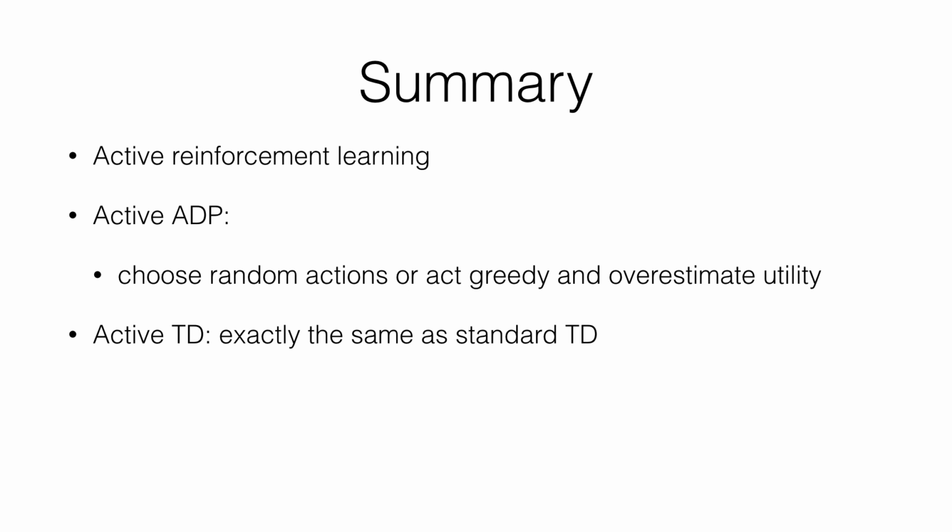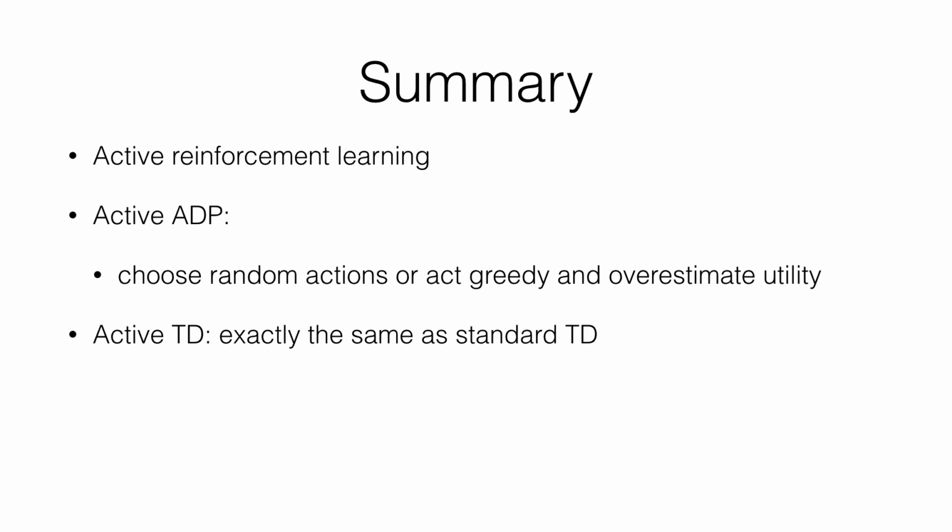Then we talked about active TD learning, which turns out to be exactly the same as standard TD learning, which is kind of a mind bender, but it comes from the fact that in TD learning, you don't really care what action you took. You just assume that the action came from the optimal policy, or the current policy if you're doing fixed policy TD learning, and all you assume is that the transition that you observe is a representative sample of the future rewards.